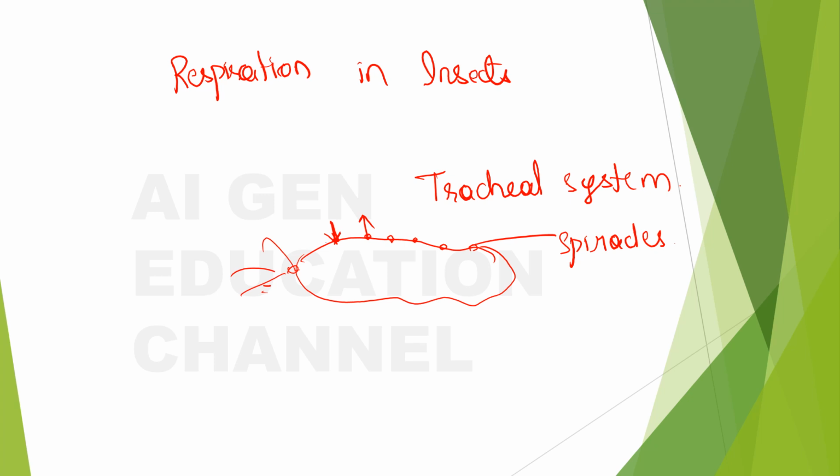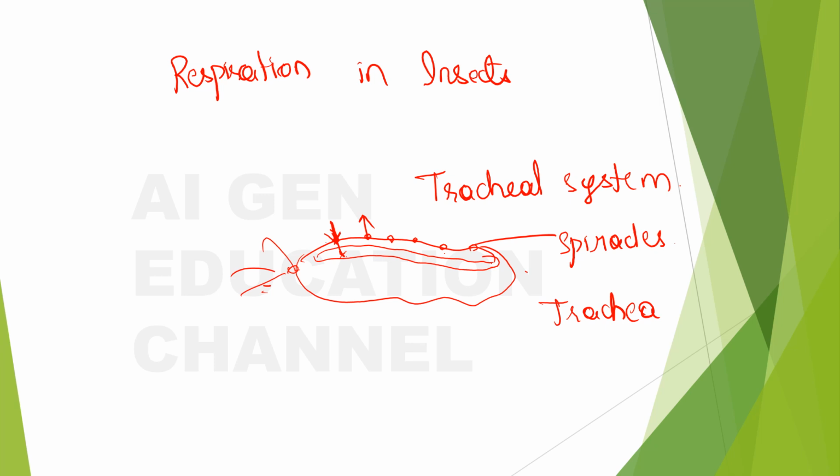These openings are for air entering the body or leaving the body, and through these spiracles the air gets into the tracheal system. These can be called trachea. The air enters the trachea, and this trachea is spread through the whole body of the insect, as I have already mentioned.